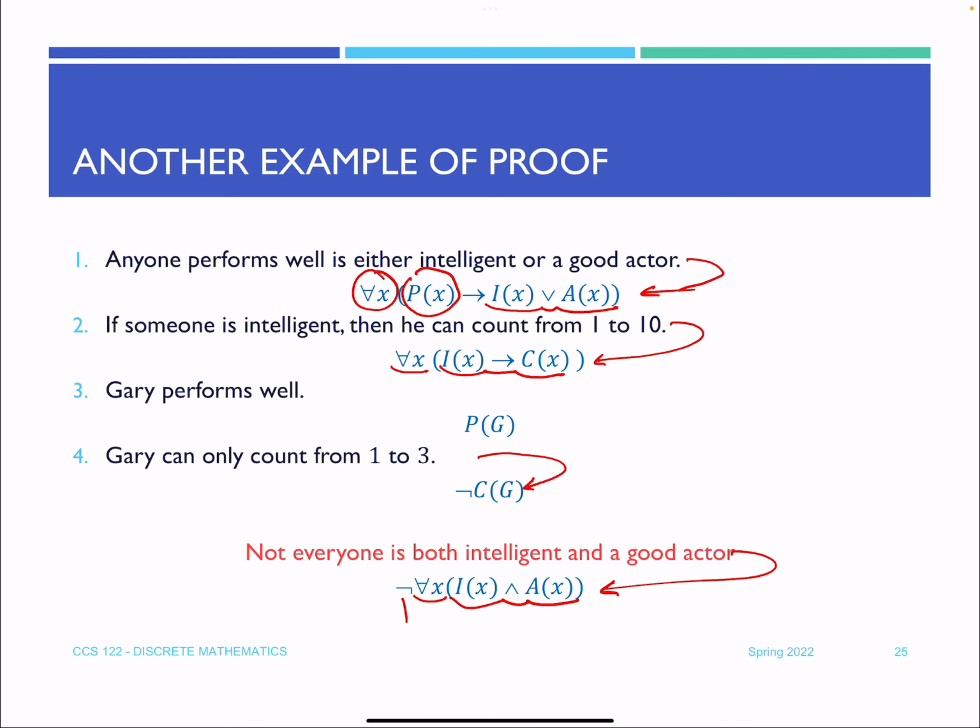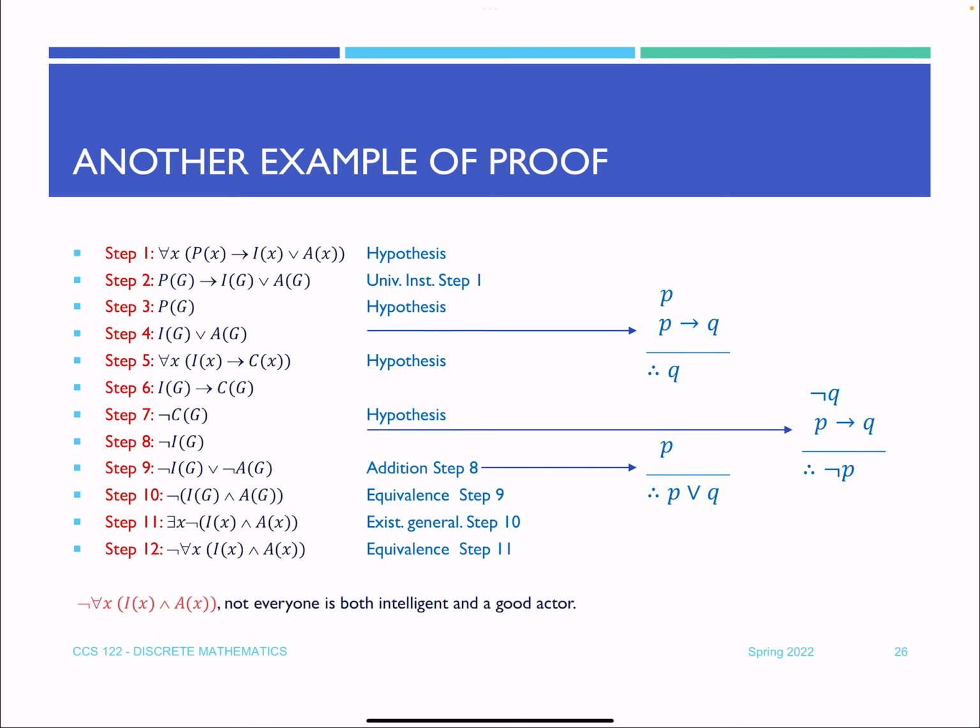And here's the same thing done using another method, or done differently, I should say. So, we began with the initial hypothesis that for everyone, if they perform well, then they're either intelligent or a good actor. That's step 1. Now, this was a general statement.